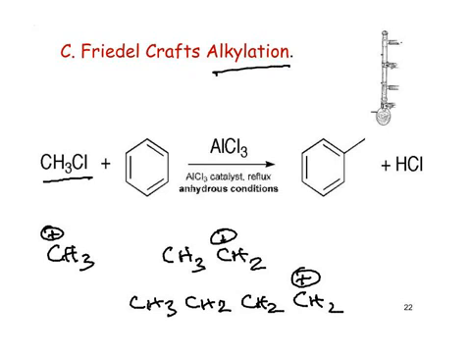Taking a look at a simple case here, let's say we want to put on a simple CH3 group. If we take a halogenoalkane, also known as alkyl halide, that has that alkyl group, so bromomethane or chloromethane is shown here, the Friedel-Crafts catalyst here is aluminium chloride. It does what we saw earlier. It strips away that chlorine.